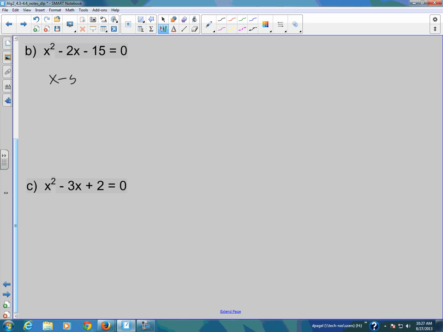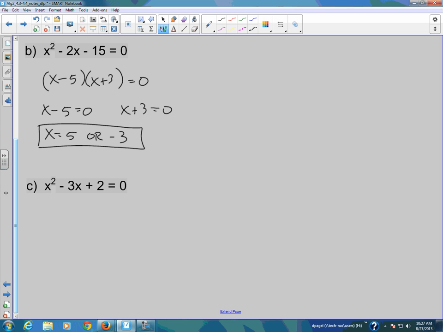This one factors, x minus 5, x plus 3. And again, set each of those factors equal to 0 and solve for x. And we get the same thing here.